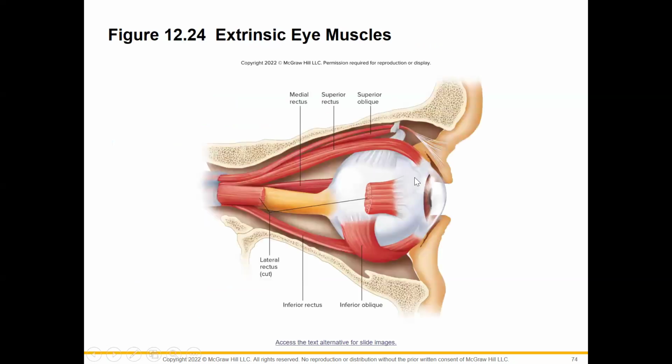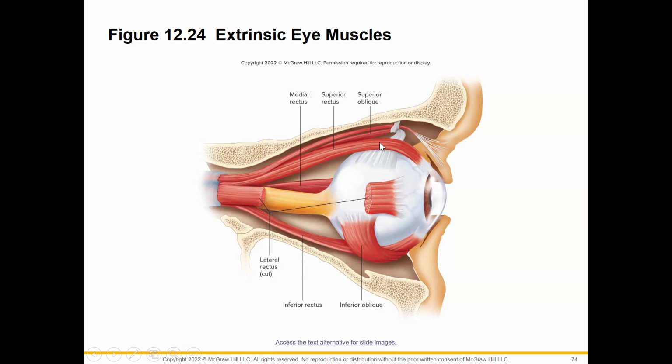So here are the 6 eyeball muscles. You have the lateral rectus, so that moves the eye laterally. So if this muscle were to contract, think about this being a whole muscle. They cut it so that you can see parts of it. But if this is the origin and this is the insertion, when this muscle contracts, it's going to pull the eyeball this way so that now the eye is looking laterally.